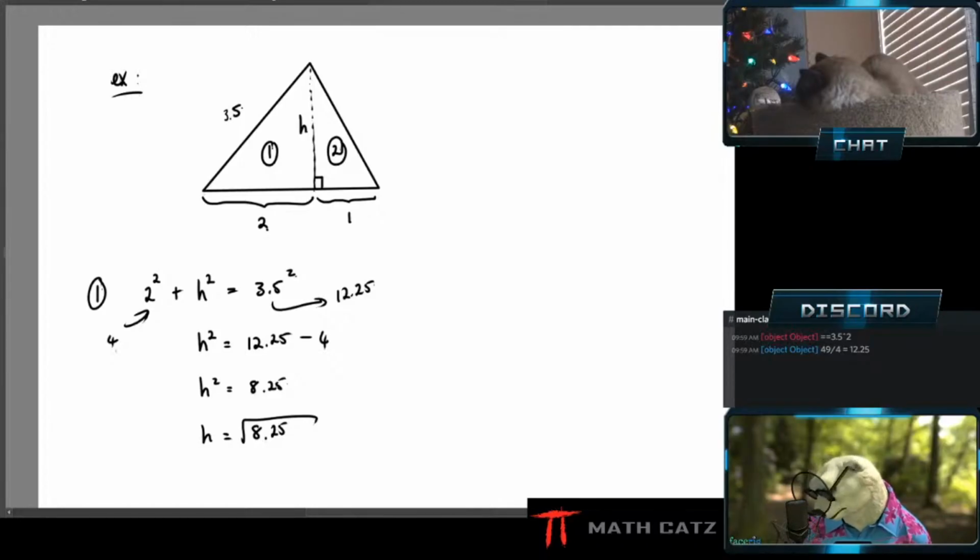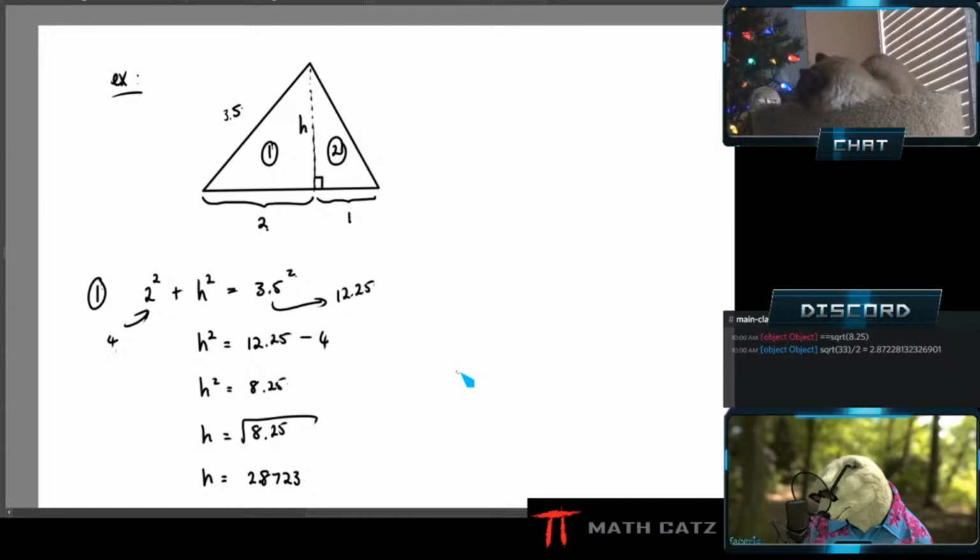I didn't have my equals. There we go. And what do we get here? 2.87. If I want to round it, let's say round it to 3 decimal places. 2.8723.